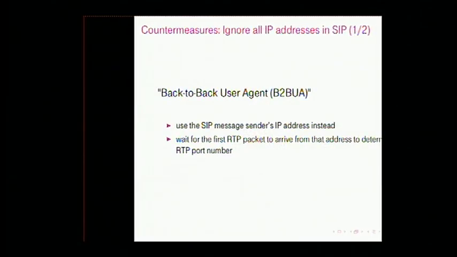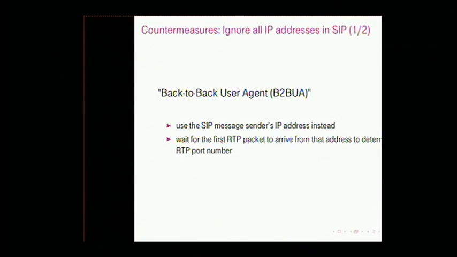You can simply ignore all IP addresses in SIP. SIP providers do this very often. We have an entity called back-to-back user agent, which simply replaces all IP addresses inside the SIP message with the IP address of the SIP message itself.